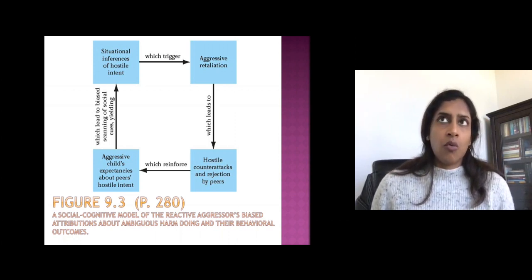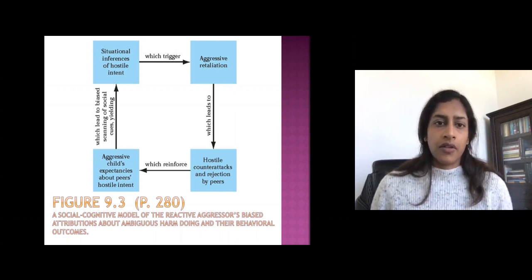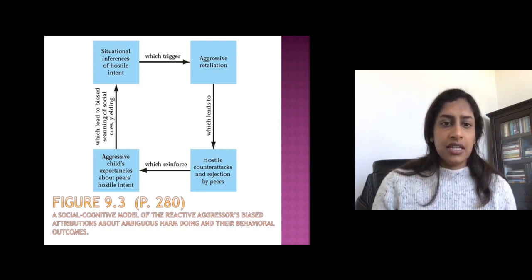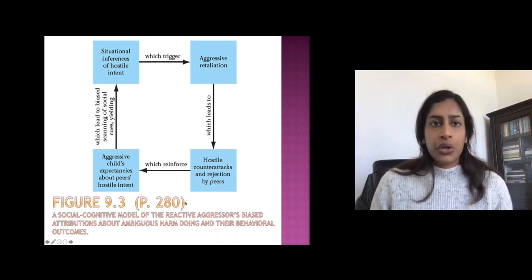Looking at this in more of a visual format, we're starting to see this kind of square. It's almost a loop.